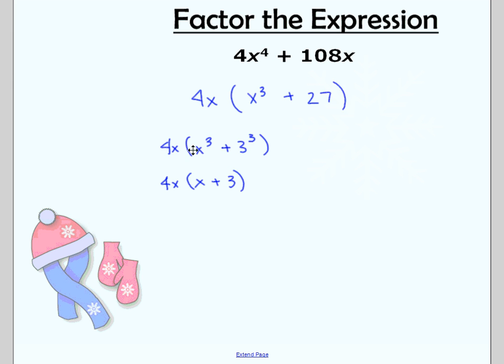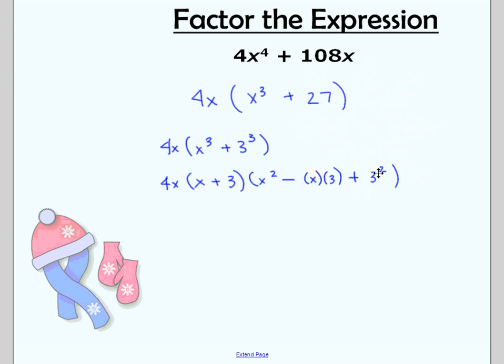Then I do my first one squared, so that's going to be x squared. Then it's going to be the opposite sign, so minus, then a times b, so x times 3. Then it's always plus, and then the last one is going to be b squared, so 3 squared.